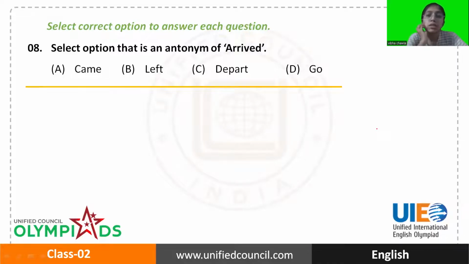Now, in the next question, question number 8, we have to select the option that is an antonym of arrived. Okay. So if somebody has arrived, the opposite is that somebody has left, right?